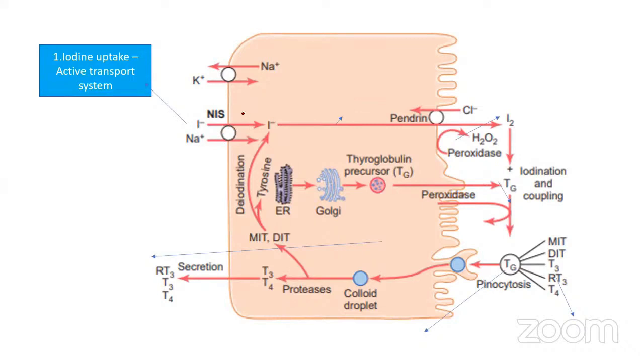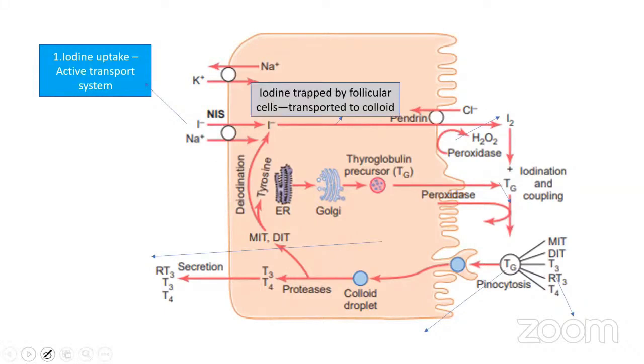This is the thyroid follicle. Iodine is trapped by the follicular cell, and it is finally transported to the colloid.